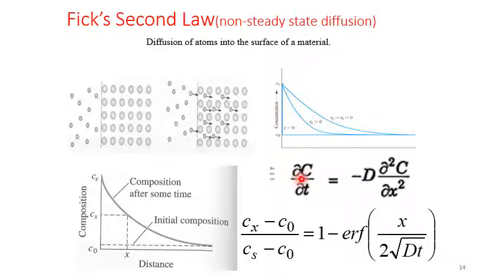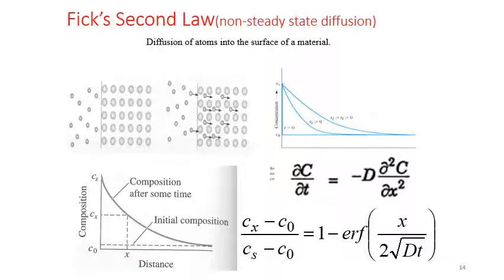When we evaluate this to get a simple equation to calculate the concentration at different levels, we get (Cx minus C naught) divided by (Cs minus C naught) is equal to 1 minus error function of x divided by 2 root Dt. Cx is the concentration at a distance x, you can see it here.